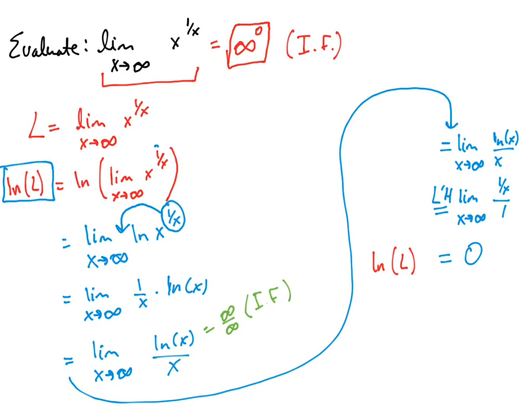That property is e to the ln of anything is equal to that anything. So e to the ln of a is equal to a. So we can say that e to the ln of L is equal to L.